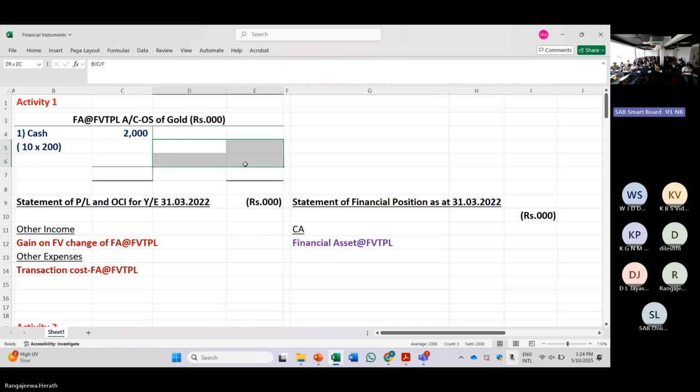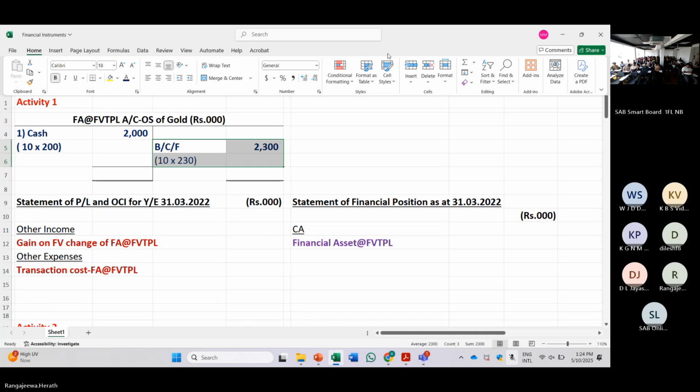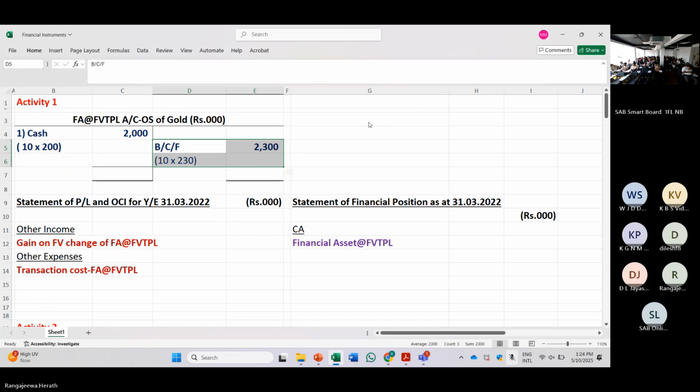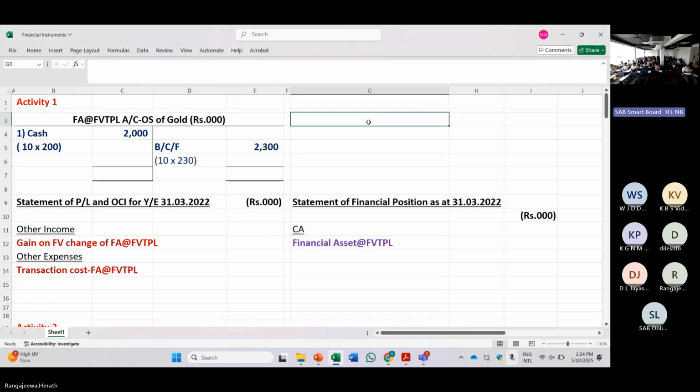So at the end of the year, you can have the balance carried forward: 10,000 shares at 230. Balance carried forward 2,300.